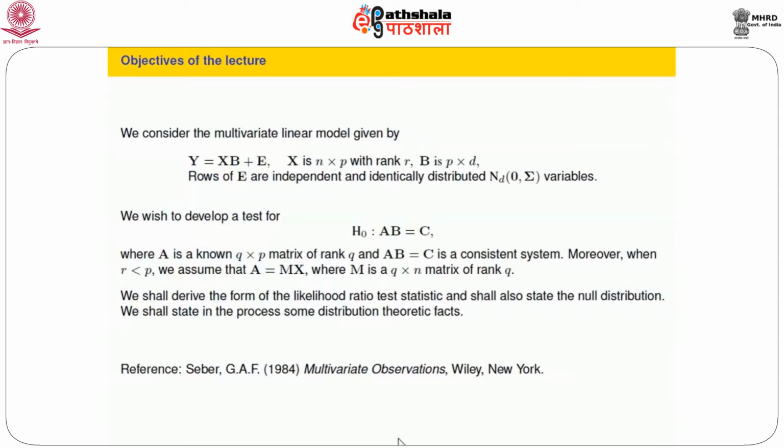Let us remember that such an assumption ensures estimability of this quantity AB. Then only we can go for estimation of AB. So we assume that A = MX, where M is a q × n matrix of rank u. That's the assumption we make, and we shall derive the form of the likelihood ratio test statistic and also the null distribution, and also state some distribution theoretic facts in the process.